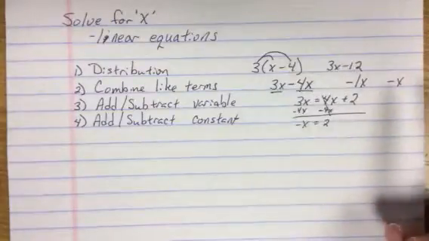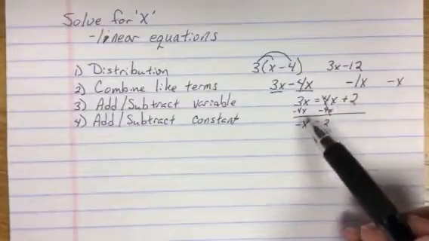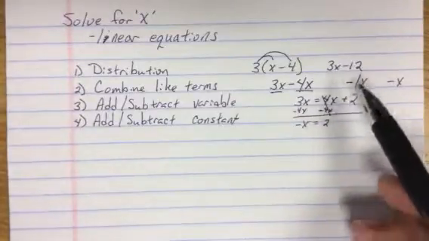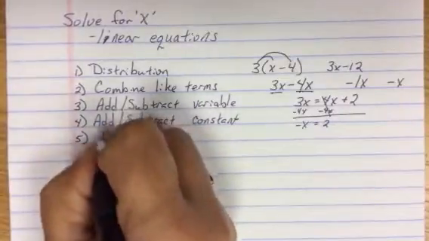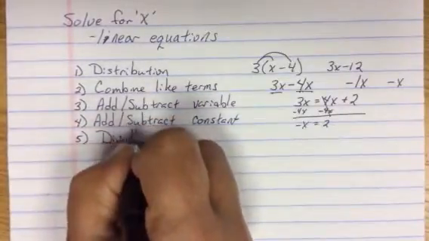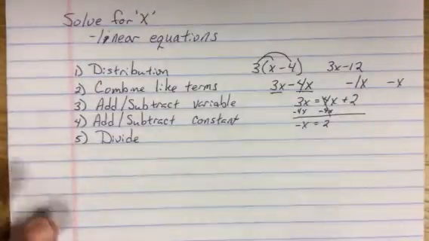This 4 here is a constant. This 2 is a constant. We do it the same way we do the variables. Step 5, we divide. So let's look at one long problem.